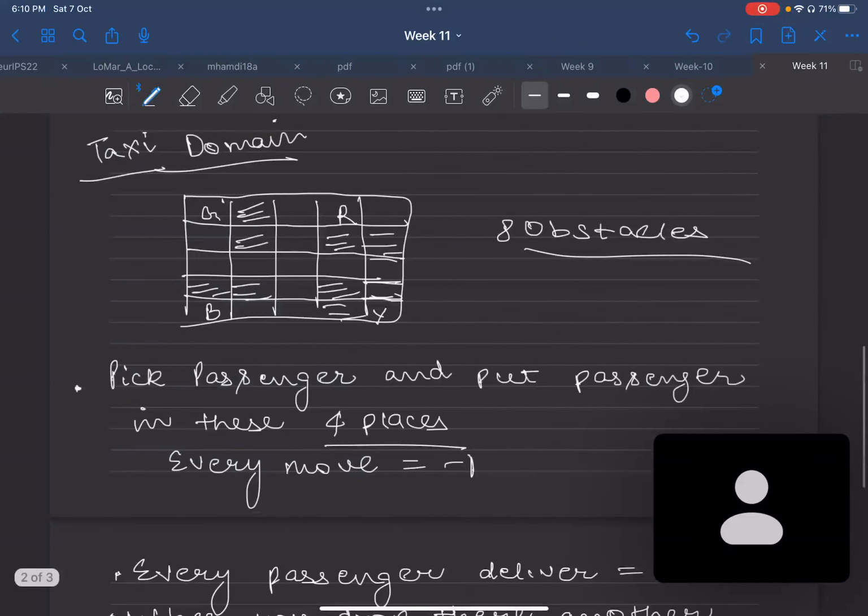Which means suppose the passenger wants to go from R to B, but you're dropping at Y. So -5 will be the cost there, because the passenger wants to get down at B. Is the whole problem correct? Yes. Should we proceed? Yeah.